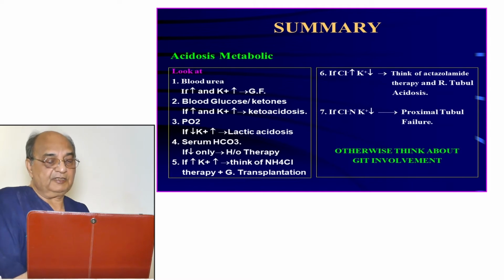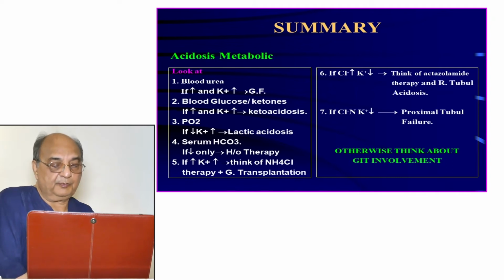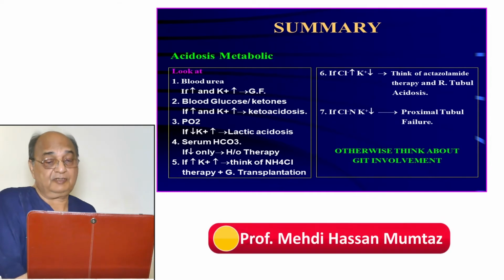If the serum bicarbonate is increased and potassium is increased, think of ammonium chloride therapy, or ureter transplantation into the gut. That can give you an idea. It is a hyperchloremic, hyperkalemic metabolic acidosis.